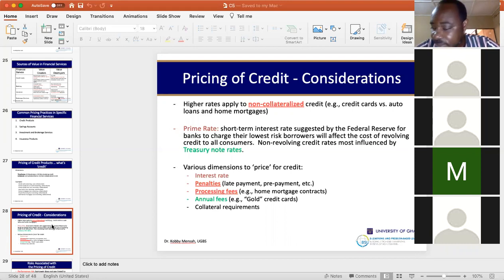Yeah, I was saying that for auto loans, the car that you're going in for becomes the collateral. Also, what we do now is that the customer is required to put in some equity as commitment from his side.